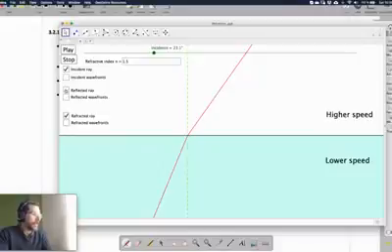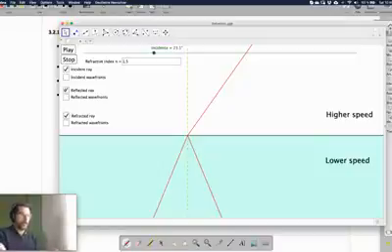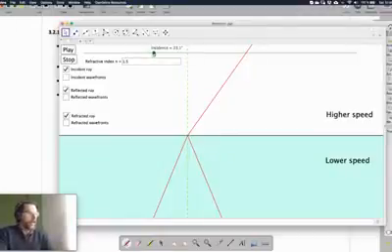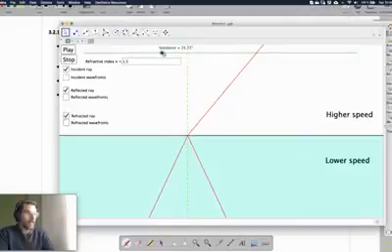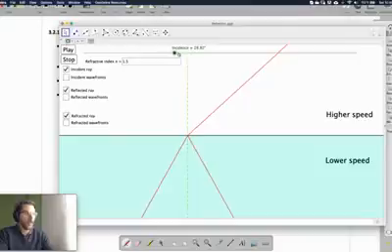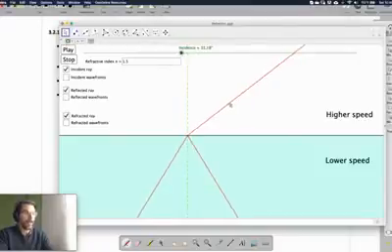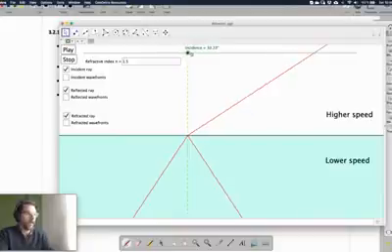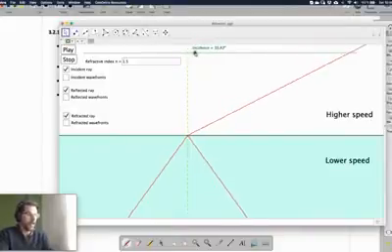I would like to show you what the complete image will look like when all the rays are considered. We have the incident ray, the reflected ray, and the refracted ray. Now, if I increase the angle of incidence, you can see that the refracted ray, the one on top here, is moving away from the normal as the incident ray does.